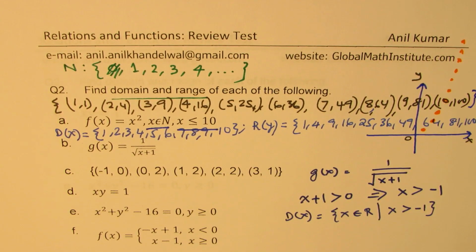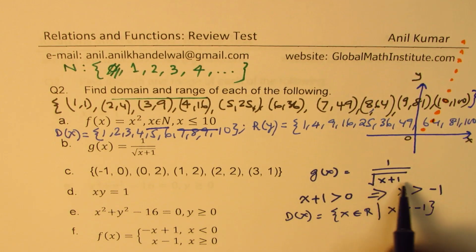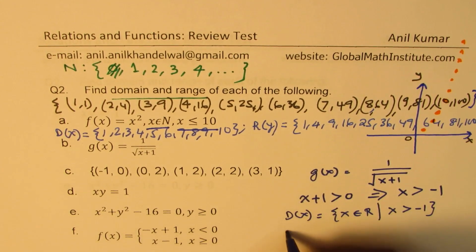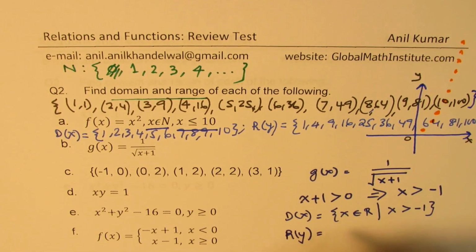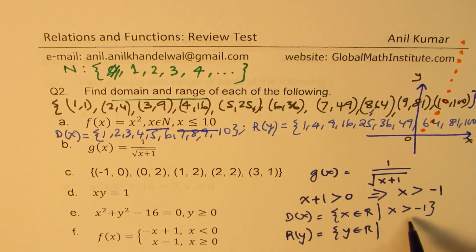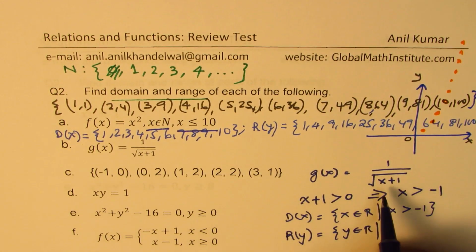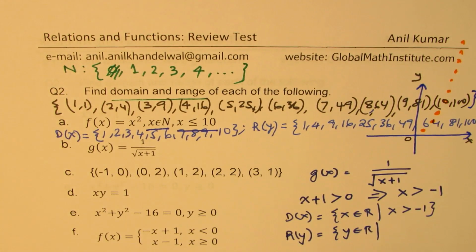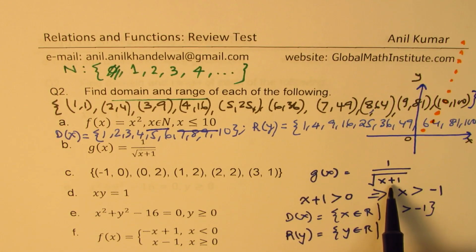How do you get the range of this function? Well, for any value of x, the y value has to be positive, right? So for the range, we say y belongs to real numbers, and when you substitute values, what do you get? If I substitute 0 here, I get 1 over 1. Definitely, we will not get 0 for this, right? If x is a very, very large value, you might get close to 0.